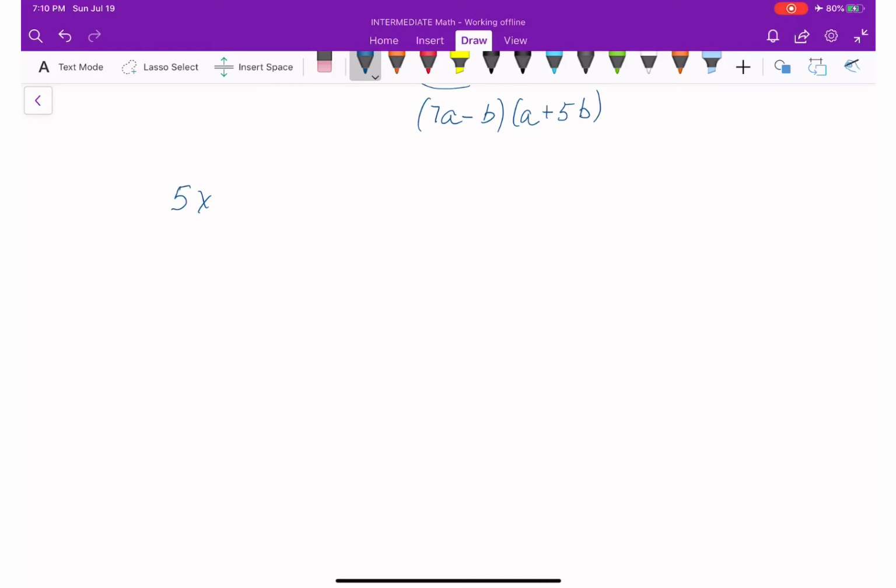Plus 6 squared, and then 25x squared plus 15x minus 18.